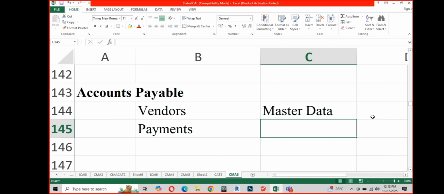The first and the foremost is the creation of your vendor master data. But now you should be aware that SAP HANA never talks about vendors or customers.